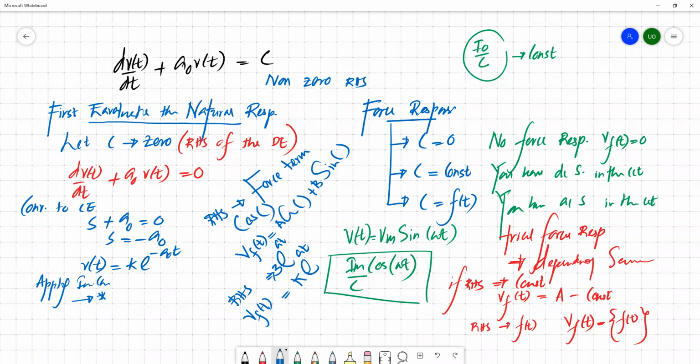We will discuss this scenario separately, but for the time being we'll deal with DC sources. So your right hand side definitely ends up being a constant, and the trial solution for the forced response would be another constant. Keep that in mind for the moment. We'll discuss time varying quantities later. For the time being we are dealing with external DC sources only.